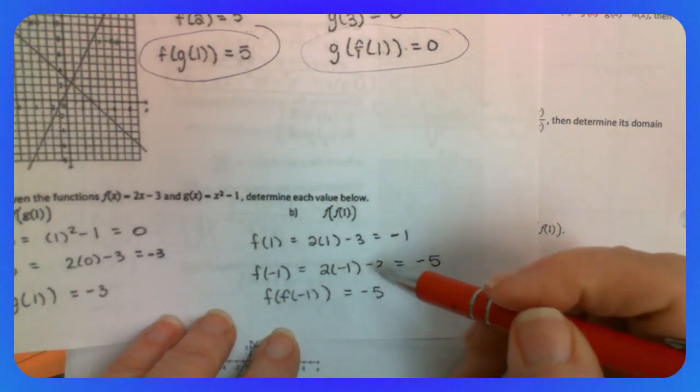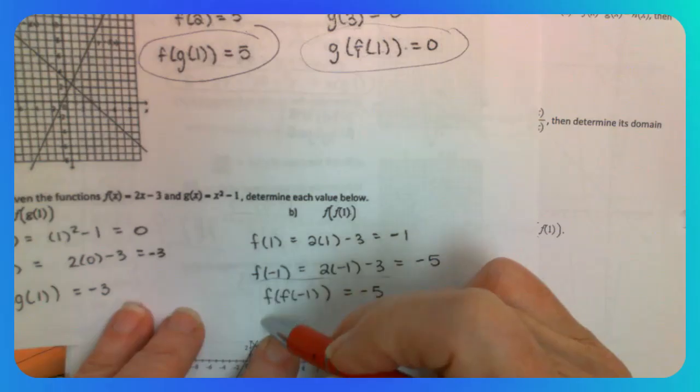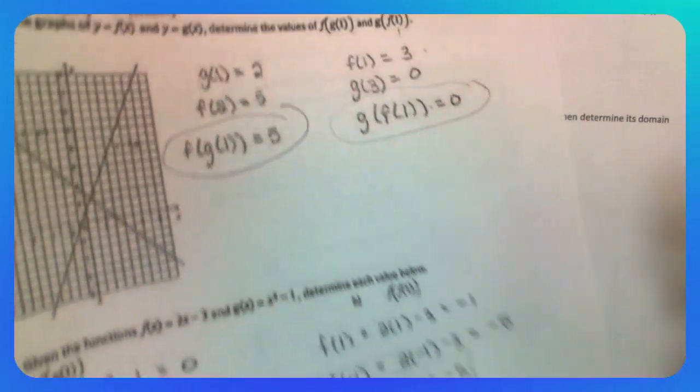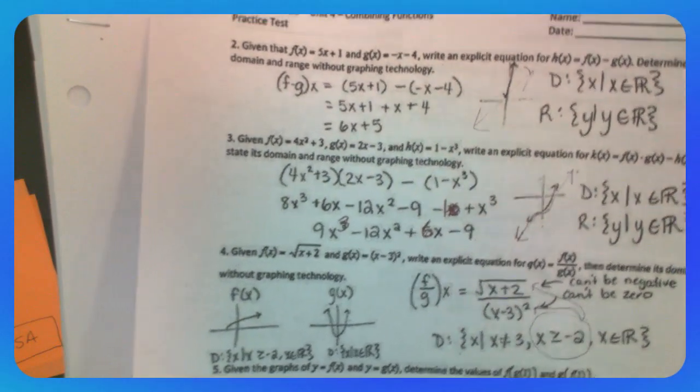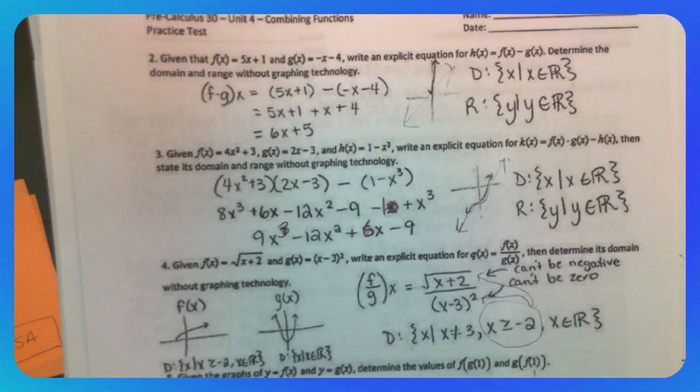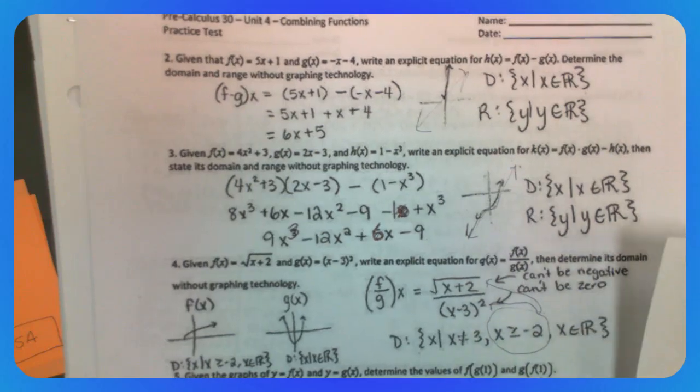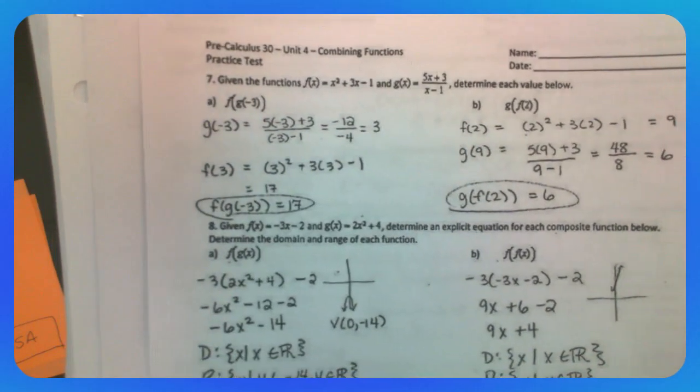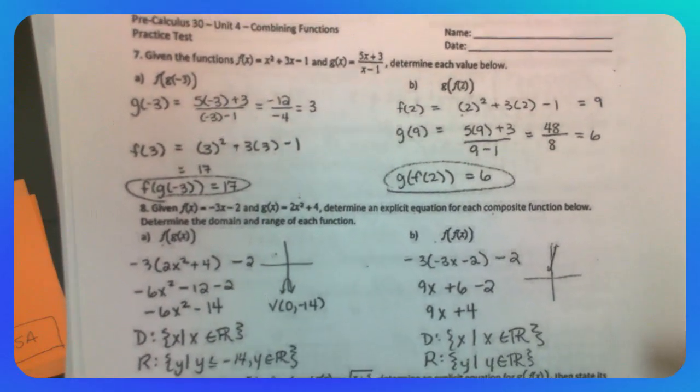So f of negative 1 equals negative 5. All right, that was question number 6. We're going to move on to question number 7.